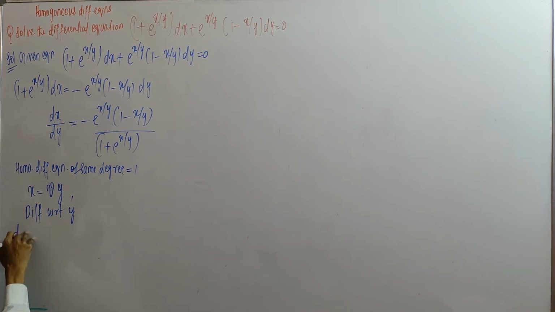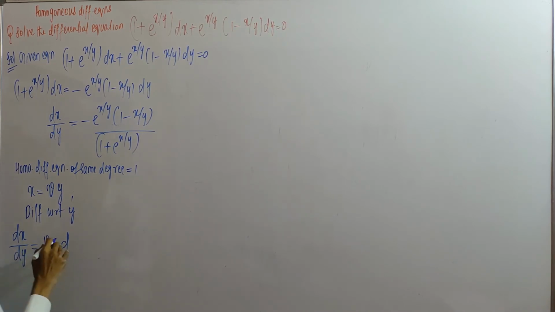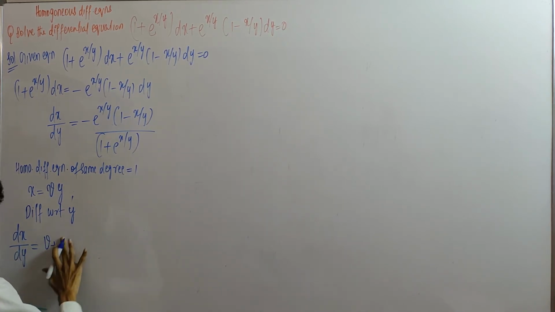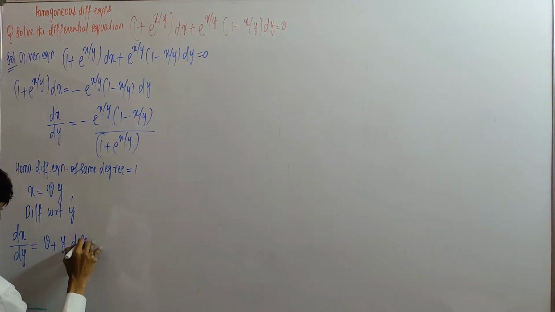Then I'll have dx by dy is equal to v plus y dv by dy.